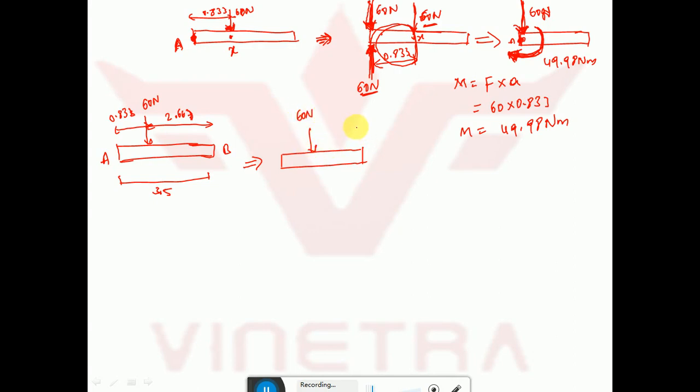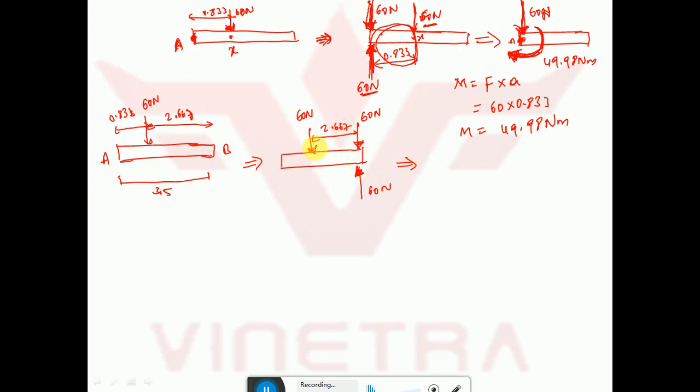Since this force is downward, at B I have to apply a downward force and an upward force of magnitude 60 Newton and 60 Newton, and they are apart by 2.667. So it's an equivalent system.